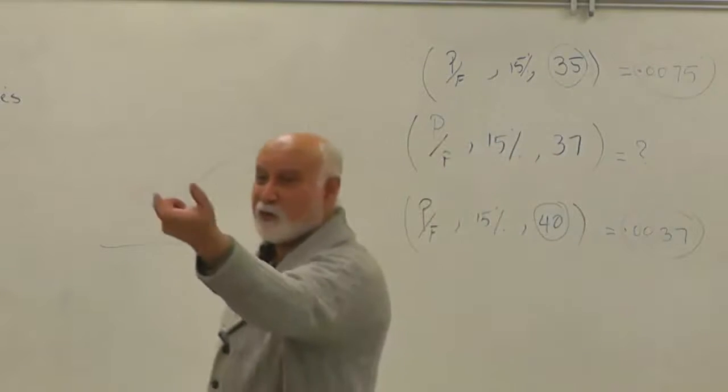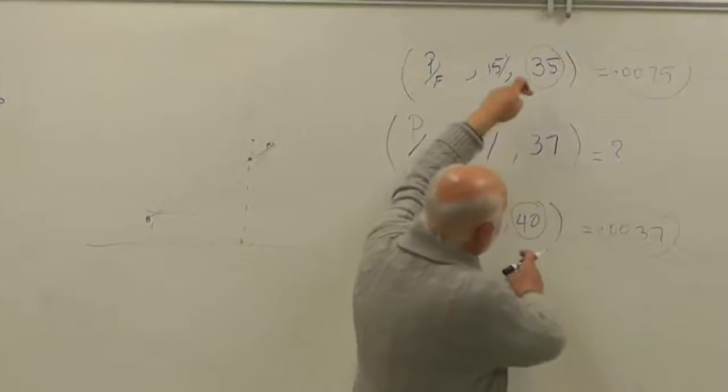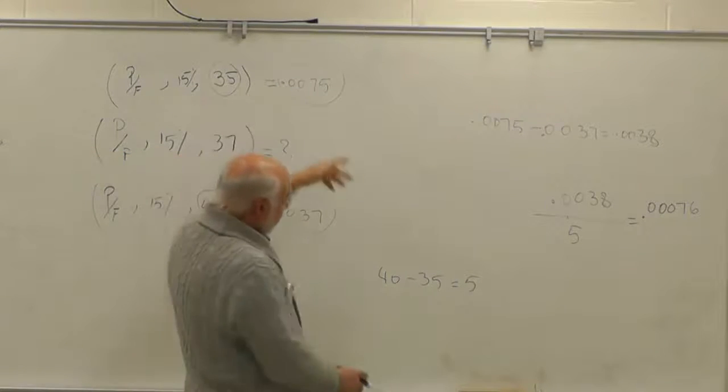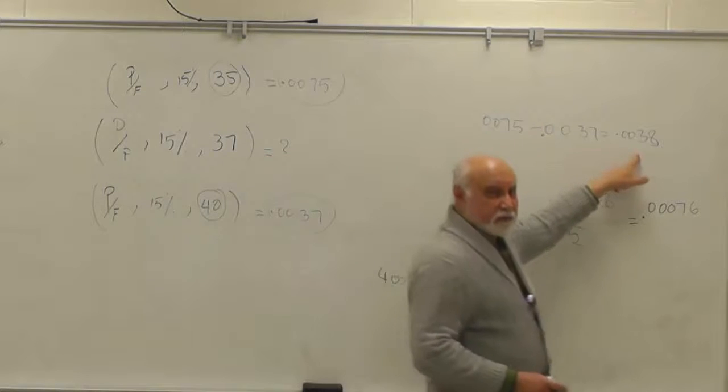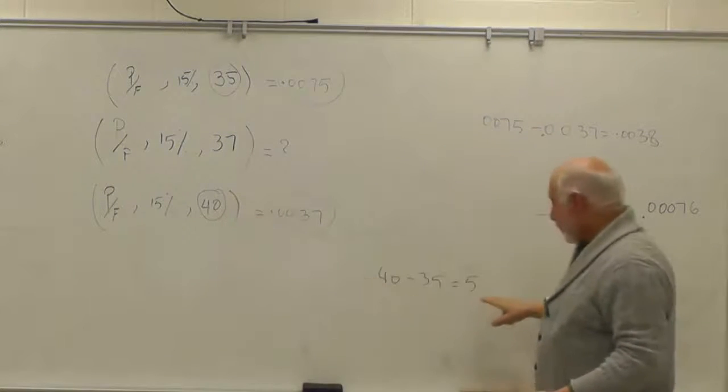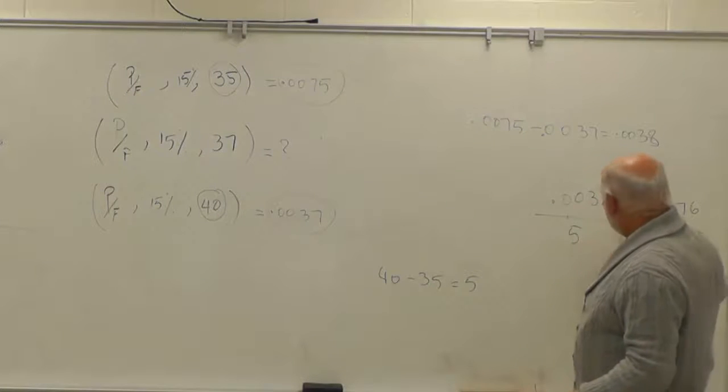This difference is for 1 year. The difference between these two was 5 years, and the difference between these two numbers was this much, so you divide it by the difference in the years and you get a number.